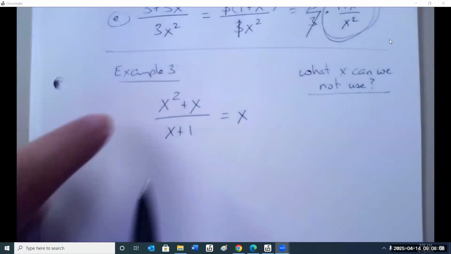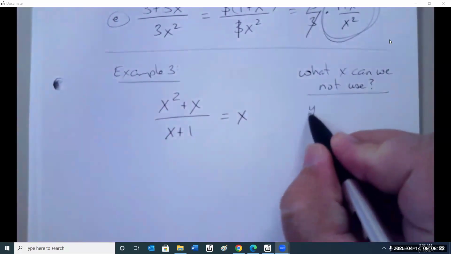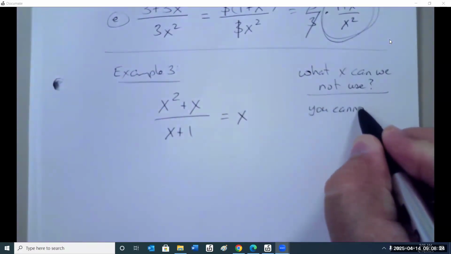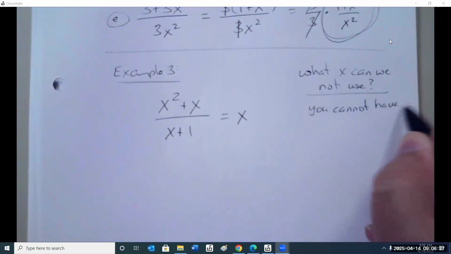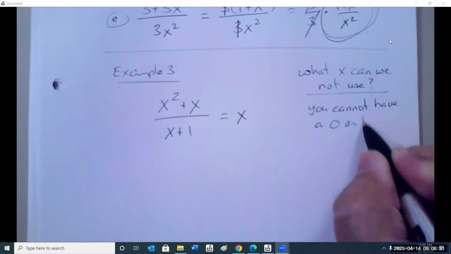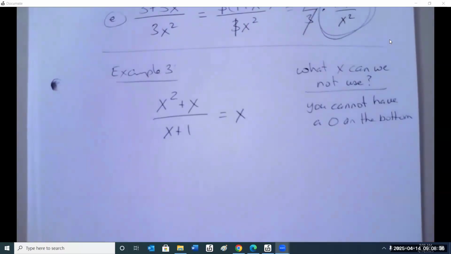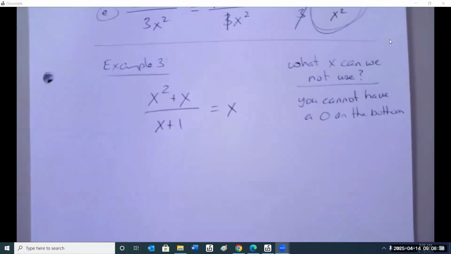You have a fraction. What can you not have in a fraction? On the bottom. The only rule you have here is the bottom of this fraction cannot equal 0.